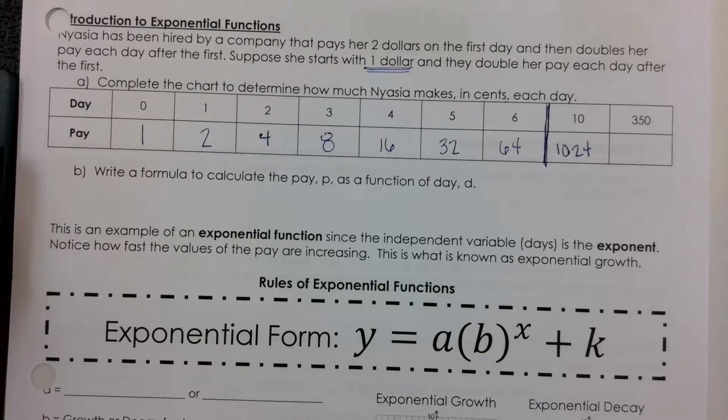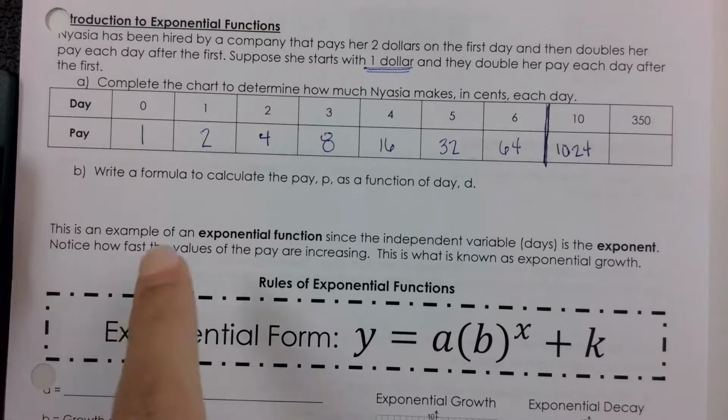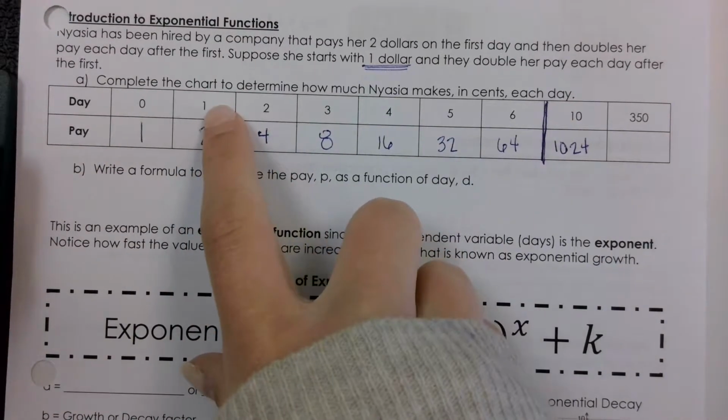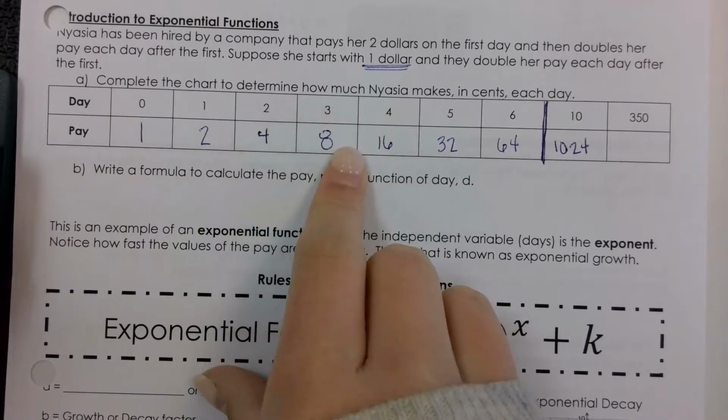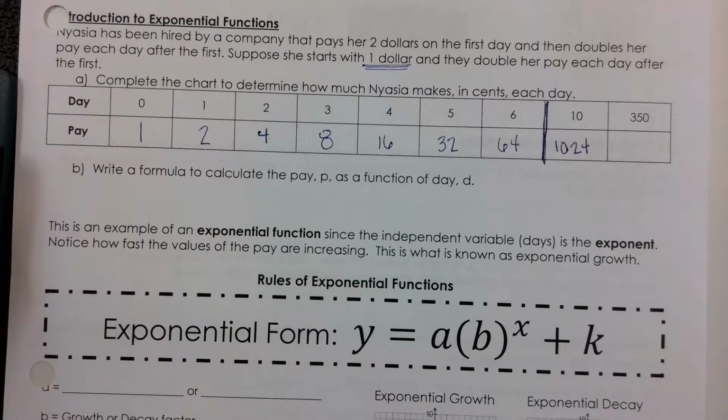Keep thinking. Keep brainstorming. What do you think? Is there any kind of pattern between the day and how much money you get? Yeah, that too. They're all doubling.